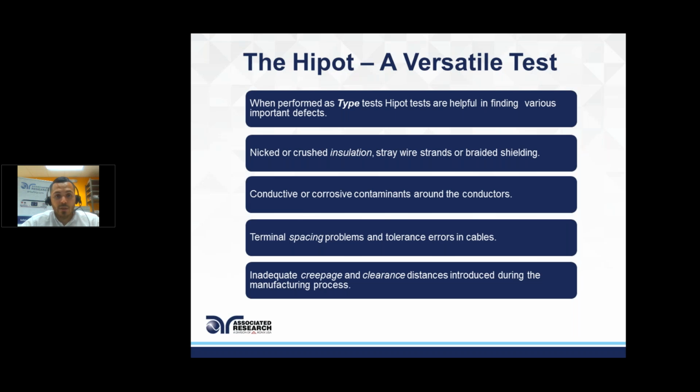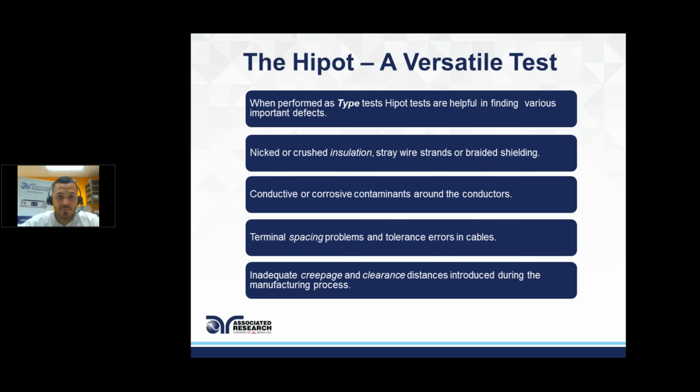A lot of companies perform a burn test, a burn Hipot test. Let's run it once. We might expect to fail because of some impurities that are lying on our insulation and our circuitry. All right, now that we've burned that off, retest it and we'll see a pass. So this also identifies spacing problems, right? Tolerance errors in cables.